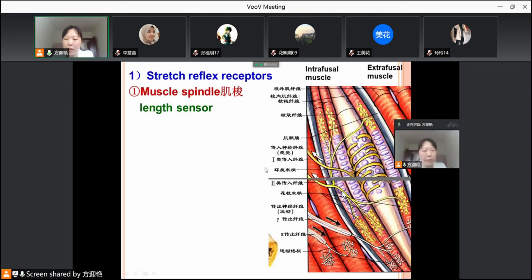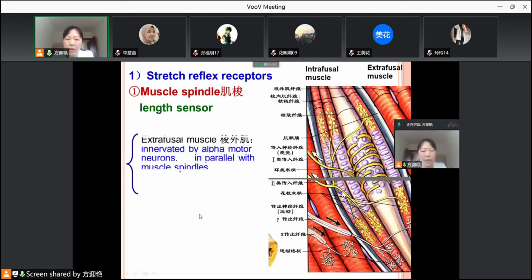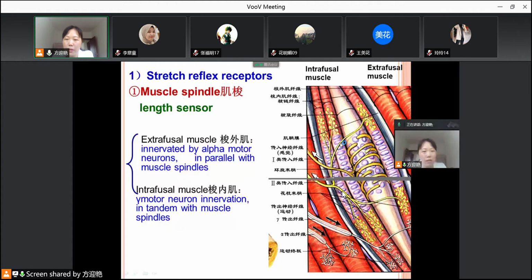We can see here a tendon, and if the muscle contracts, the muscle spindle is excited because it is pulled, and then it is excited.